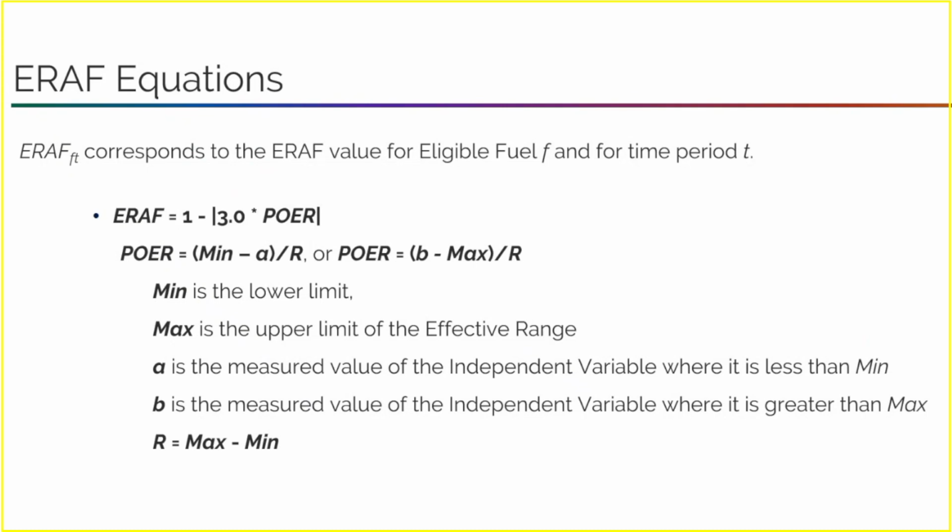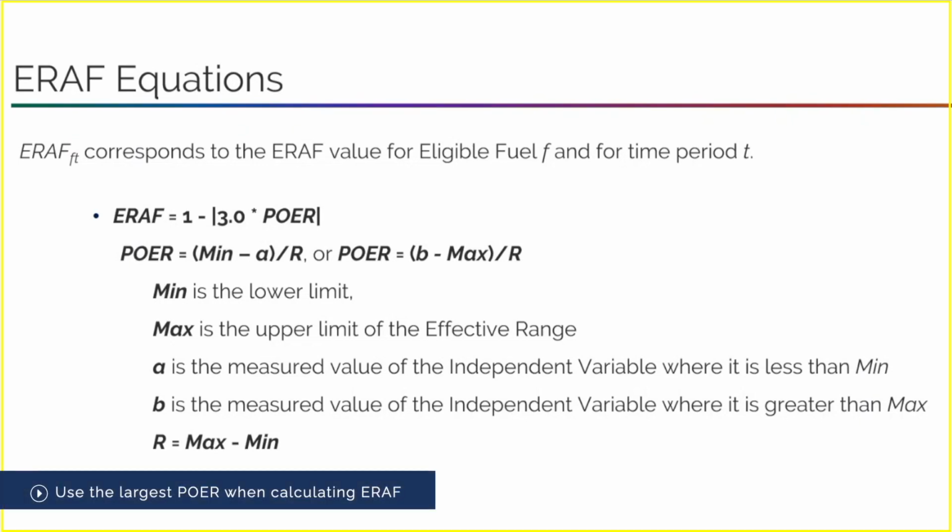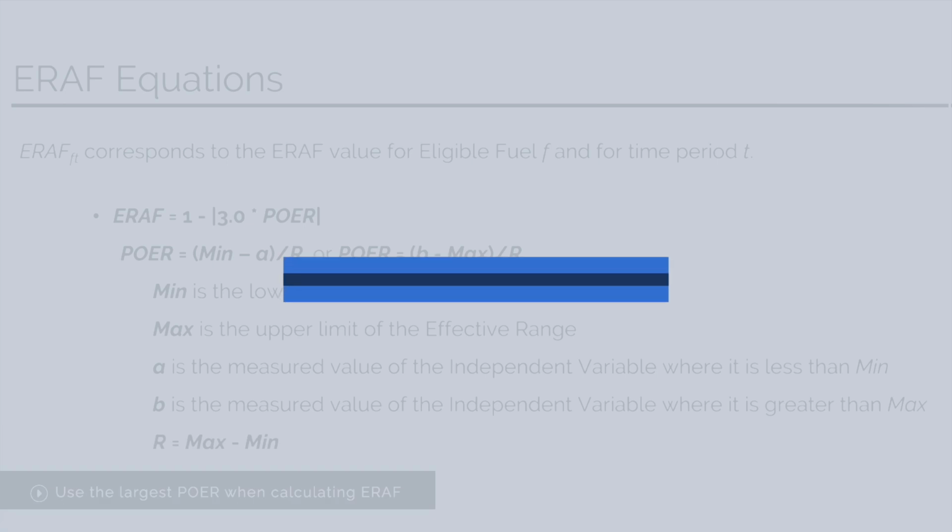Whenever you have an independent variable that falls outside of an effective range for any time period, you need to calculate the POER for each of your independent variables and for each of your models. If you've got two independent variables that fall outside of their respective effective ranges, or if you've got different POER values for each model, you need to use the largest POER when you calculate that ERAF value for each time period.